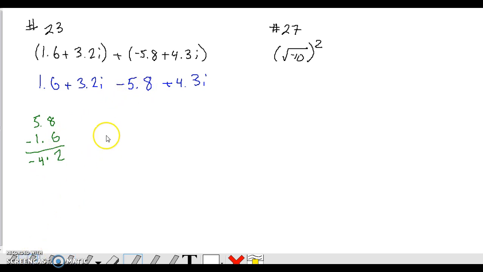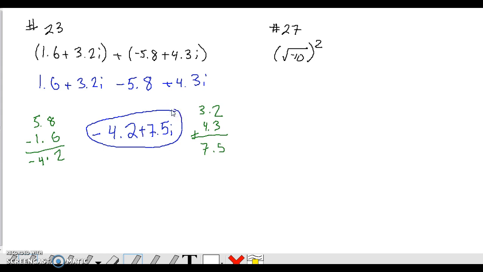So what we get so far is 4.2, and then I'll add these numbers up. So 3.2, 4.3, and we're just going to add these up, and 7.5. So how we want to write that will be 4.2 plus 7.5i.